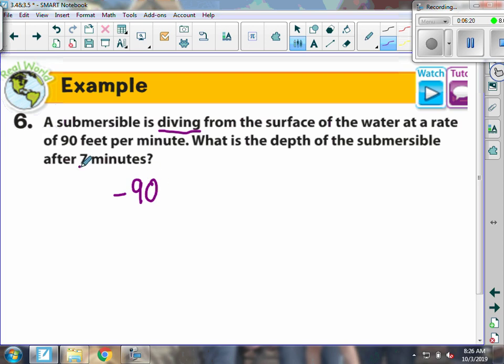I want to know the depth after 7 minutes, so I'm going to multiply this times 7. A positive times a negative is going to be a negative. 90 times 7 is 630. So the depth of the sub after 7 minutes is going to be negative 630 feet. There's our answer.